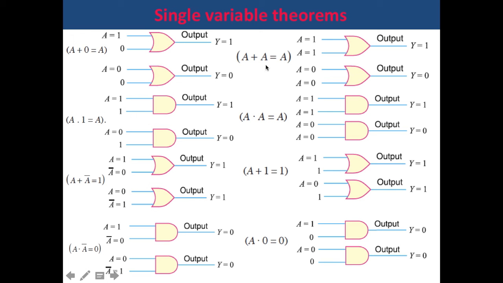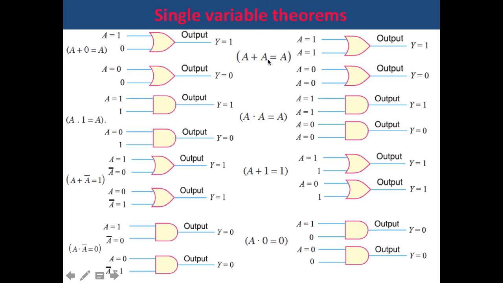Fifth theorem, A plus A is equal to A. So A is equal to 1. Here also again A is equal to 1. This is plus sign, so here it is OR gate, 1 plus 1, output is 1. 0 plus 0, output is 0.